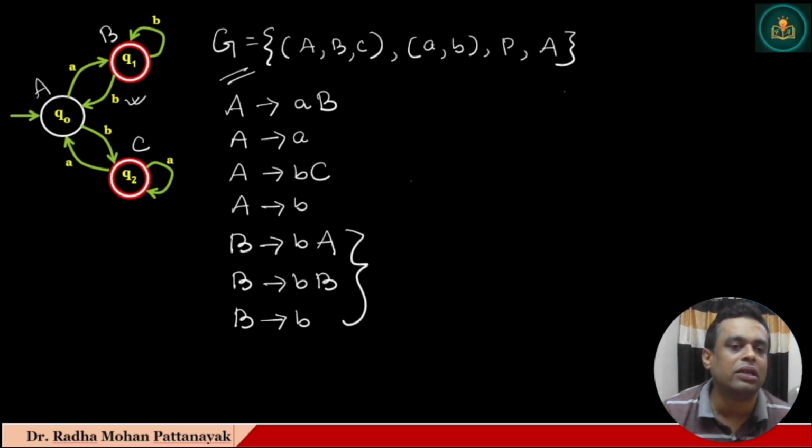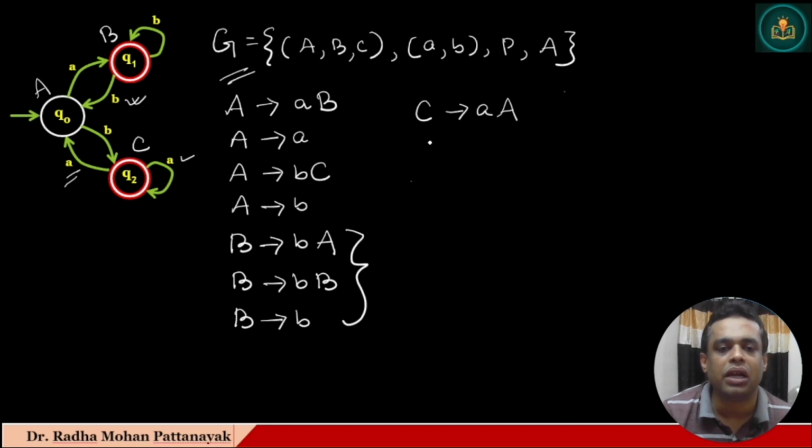Now we will write the production rules for the state C. You can observe here C to A, there is a transition present by considering the input terminal a. So we will write here C produces to small a then capital A, because the reachable state is A. Clear? Then on C there is a self loop, by considering the input terminal a.